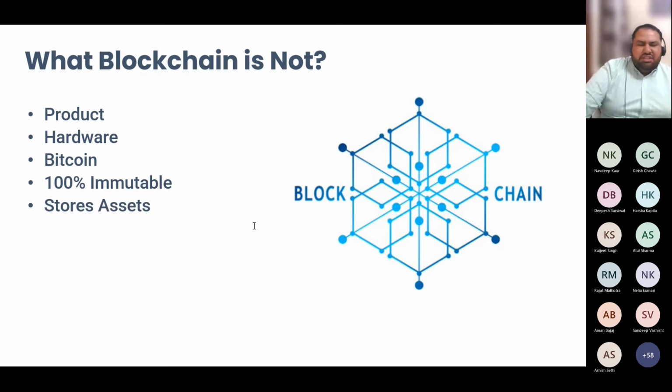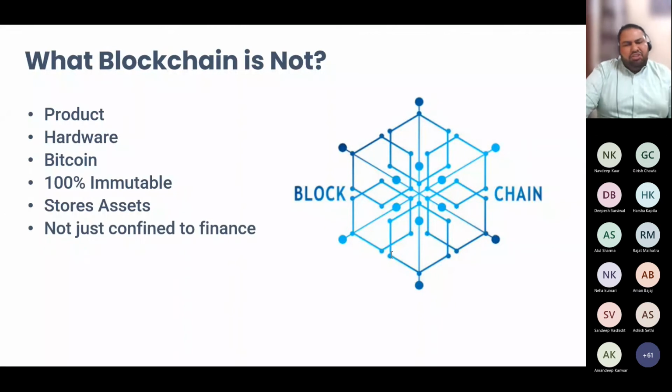There is another misconception that it stores assets. Blockchain does not store any kind of assets. It stores the records of the flow of the asset across various parties, not just confined to finance.